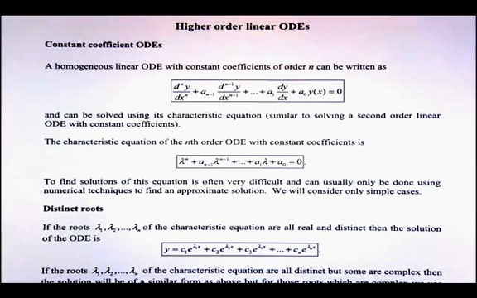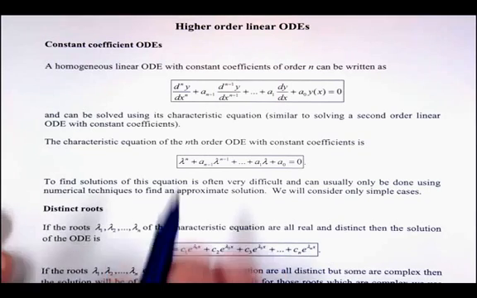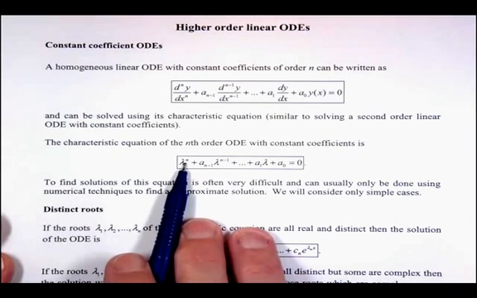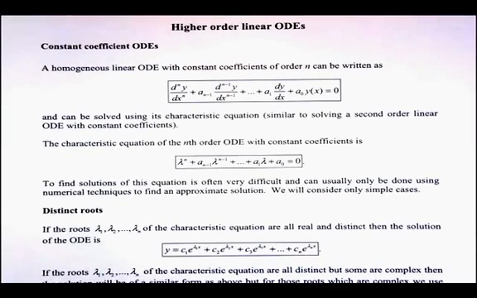Sometimes they might be sitting on top of each other, sometimes they might be repeated roots, and sometimes they might be complex numbers, and even complex number repeated roots. But in general, you get the number of solutions as the power. Okay? And of course then we'll be able to write down various forms of the solution.